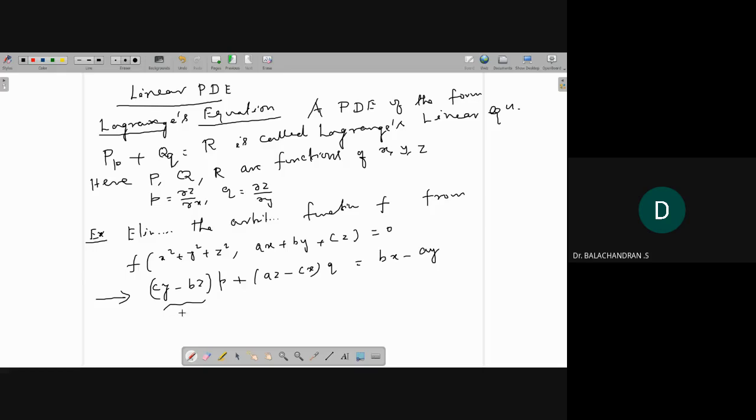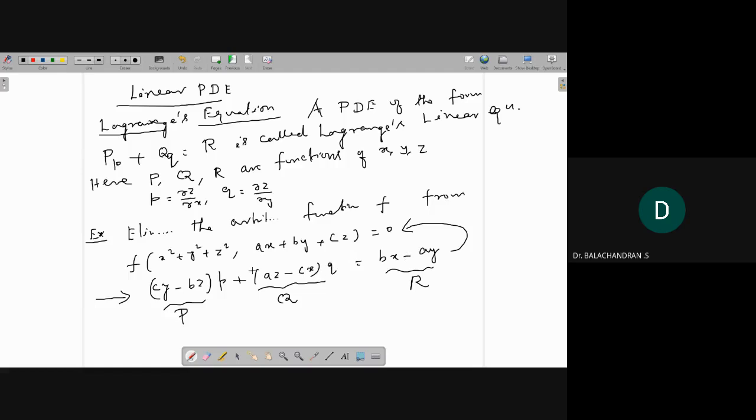So this is actually capital P, small p. This is capital Q, small q. This is capital R. So now we are going to solve this PDE and we are going to get this solution. This is the solution of this partial differential equation, linear partial differential equation, Lagrange type.